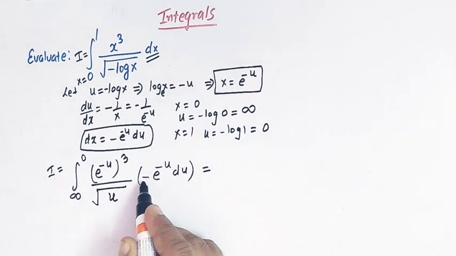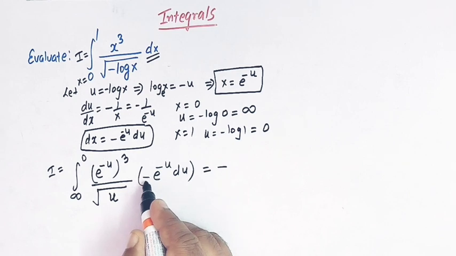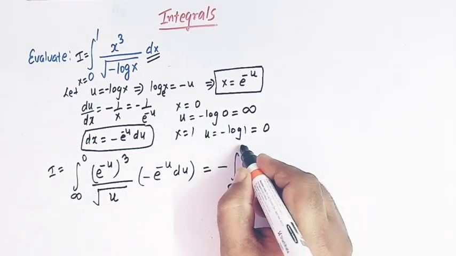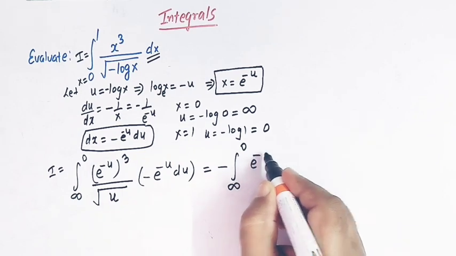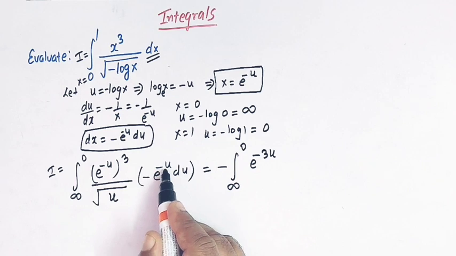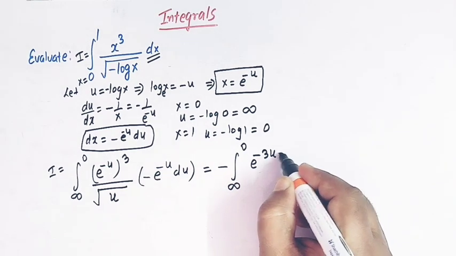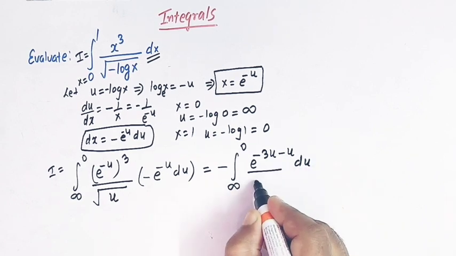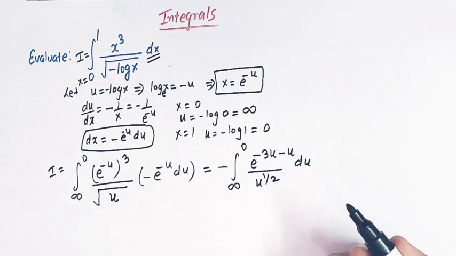So now we can write this integral as negative. We can take this negative sign outside the integral, and we have infinity to 0, e raised to minus 3u. Here we have minus u, so we can write it here. And then we have u raised to half, right?